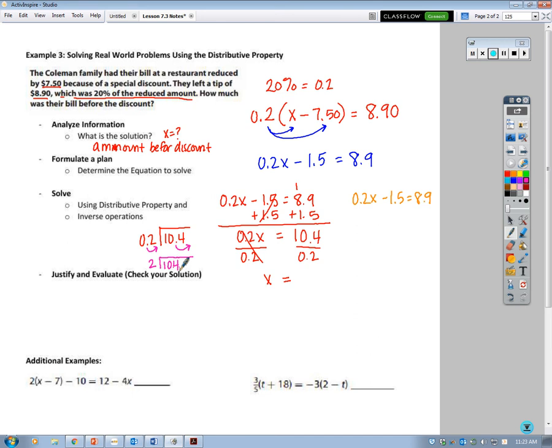So when I solve that, I get the answer 52. So x being the original amount, that means that the original amount of the bill was $52. So $52 was my original amount.